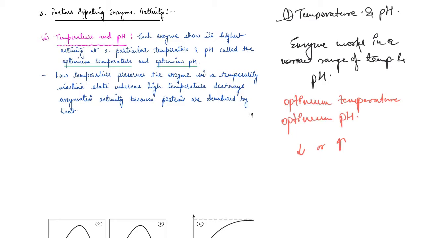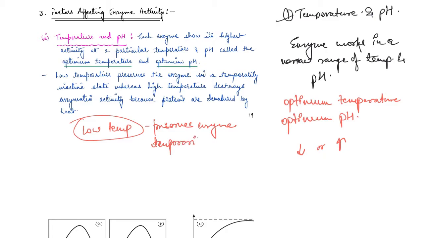So remember this statement guys, that low temperature, this means temperature below optimum temperature, preserves the enzyme temporarily in an inactive state.